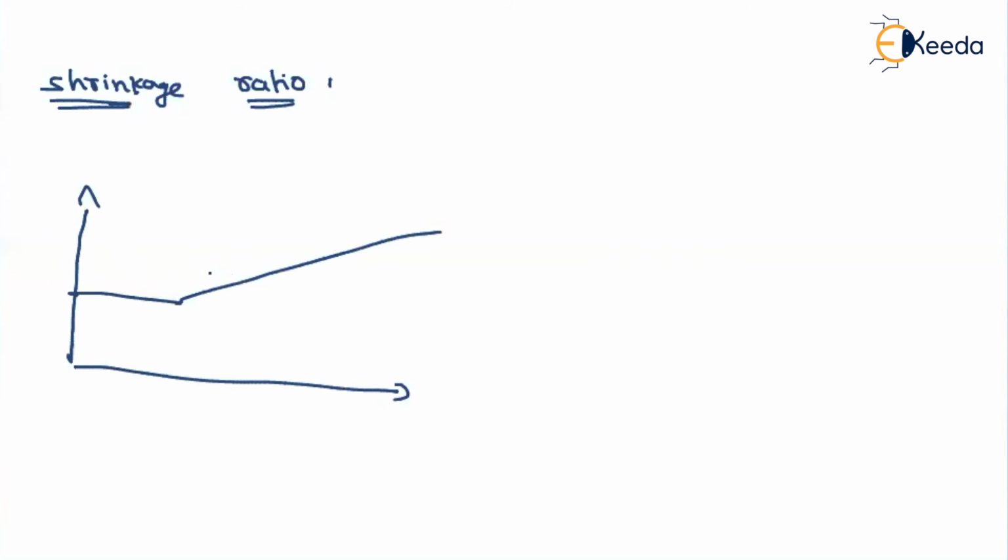Suppose, let me draw again. Let us say we have some water content beyond the shrinkage limit. Let us say this is W1. Corresponding to this W1, the volume present in the soil is V1. Similarly, at water content W2, let us say the volume of the sample is V2.